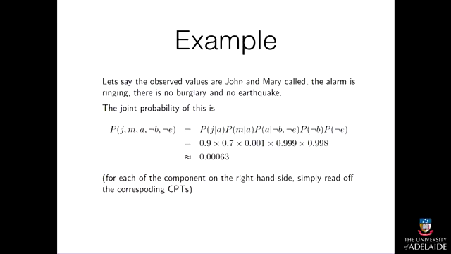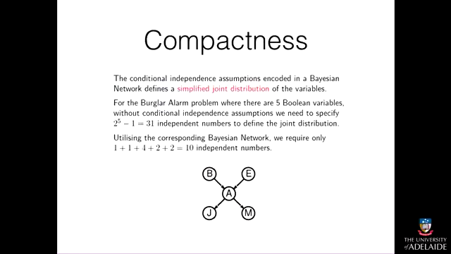Okay, so this is just plugging in the actual value of these random variables. From this example, we can see that by using a Bayesian network, because it inherits the conditional independency, we just associate each node with a conditional probability table, and then we can represent the joint probability.